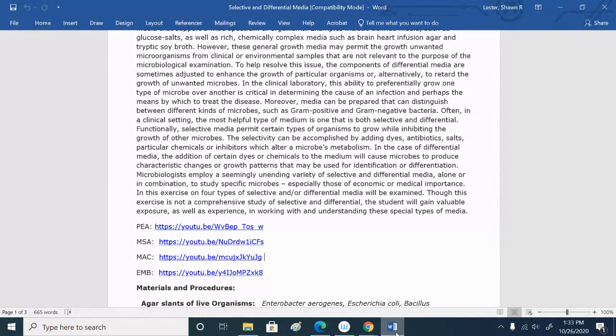Now back to McConkey and EMB. So these two types of media both do the exact same thing. They both select for gram-negatives and inhibit gram-positives, and they both differentiate lactose fermentation. So McConkey and EMB both do the same things.